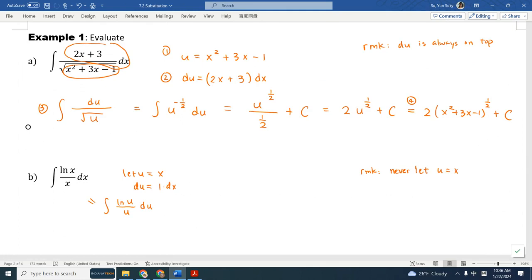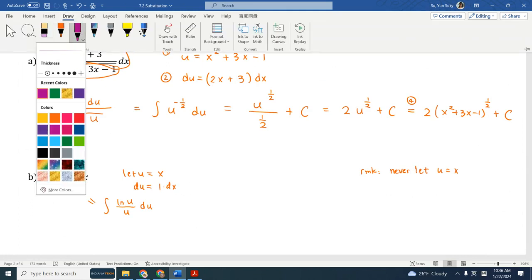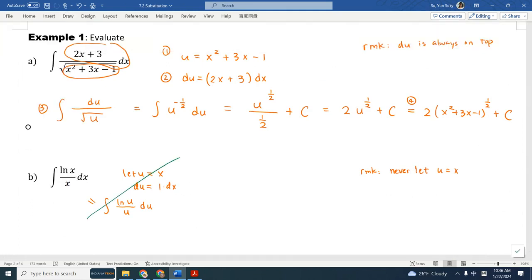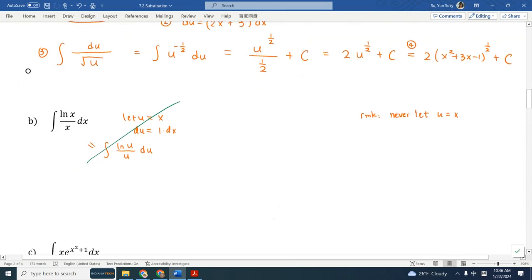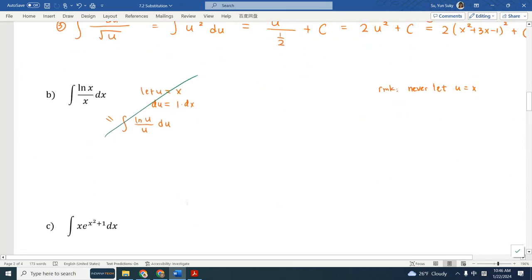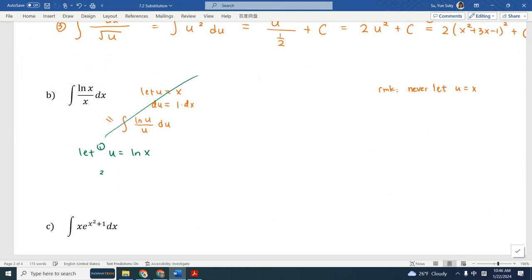Yes. Okay, so this does not work. Let's try something else. What do you want to let u be? Yeah, we can try that. So let u be, step 1, ln x. Then du is what? Yeah, 1 over x dx. Look at this.